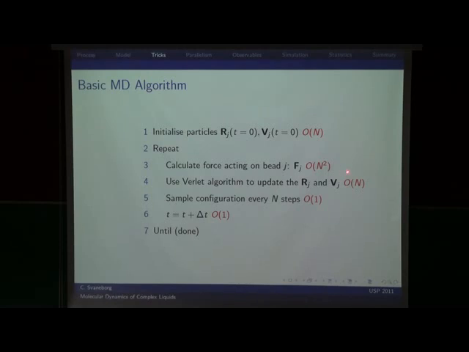So we need to know the pairs, and this is approximately N squared. The Verlet algorithm, we use this to update the positions, and this again just scales linearly with the number of particles. We have to sample the configurations every once in a while, and this takes nothing, and we have to update the time, and this takes nothing. But this is where in a naive molecular dynamics routine we spend all the time. So can we do better?